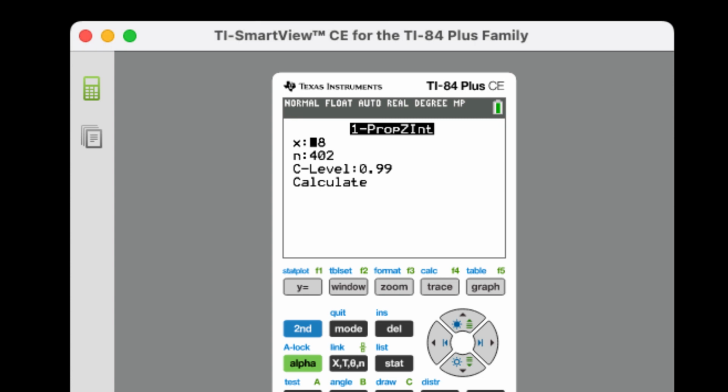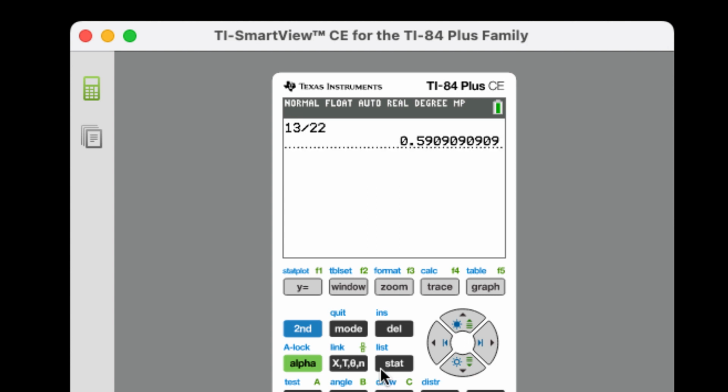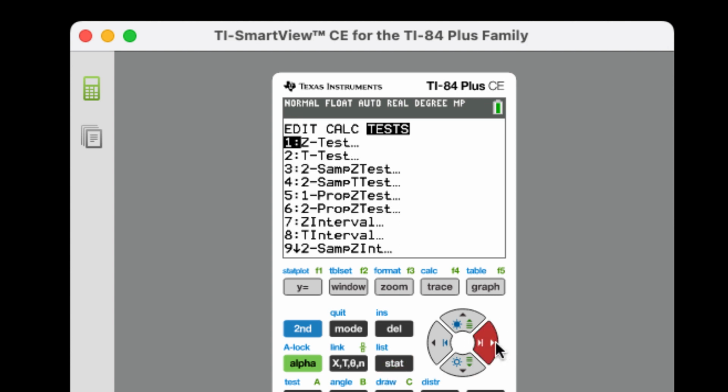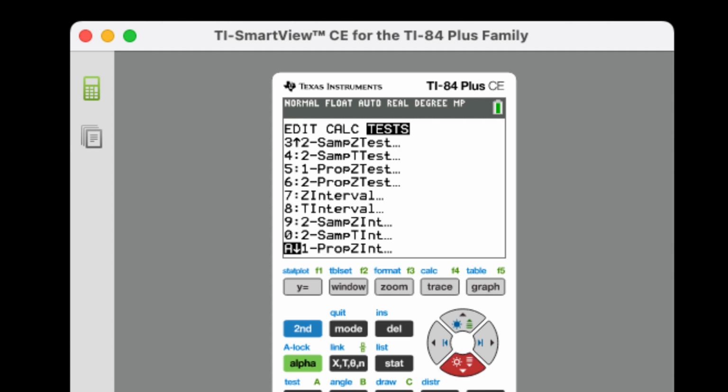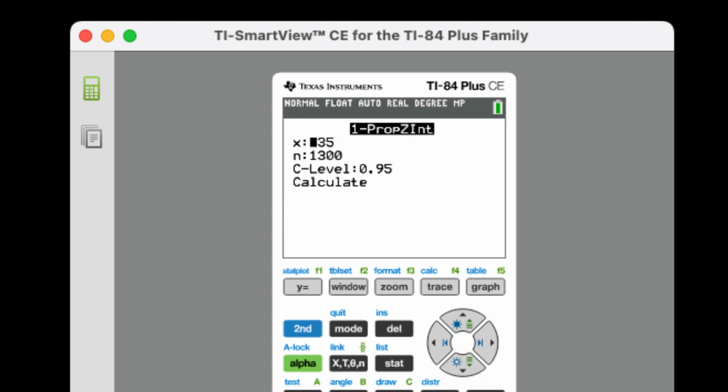X, 835. And then N, 1300. And then the confidence level, 0.95. And then hit Calculate. Oops, I went too fast. The good news is if you go too fast, it'll be there in the memory. See that? It's in the memory.